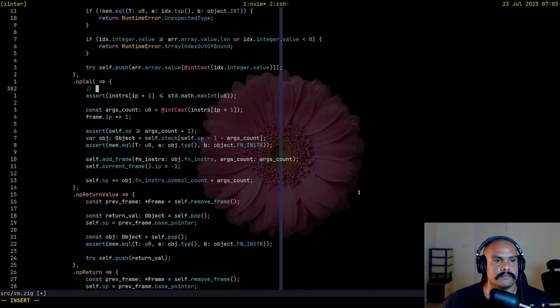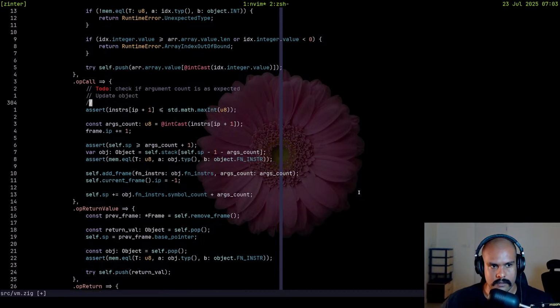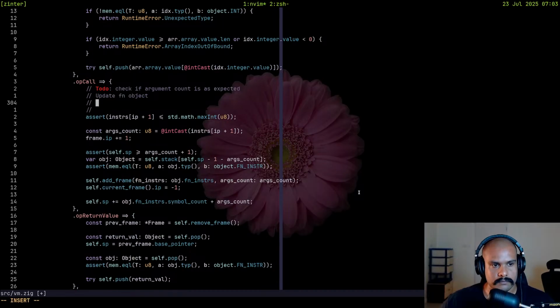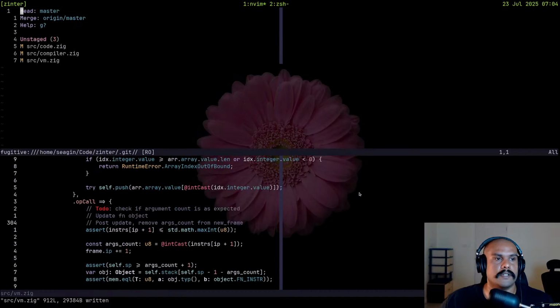Opcall, to do: check if argument count is as expected. Update object. Post update. Remove args count from new frame. Okay, that's for tomorrow.